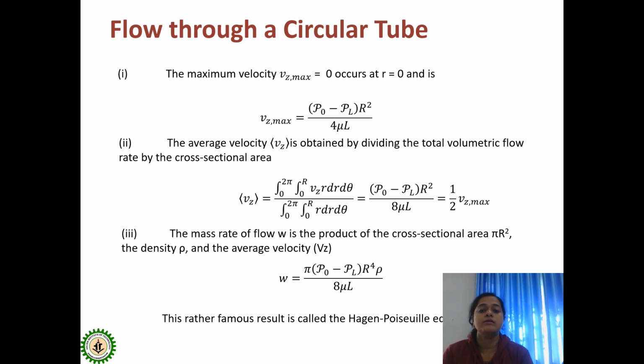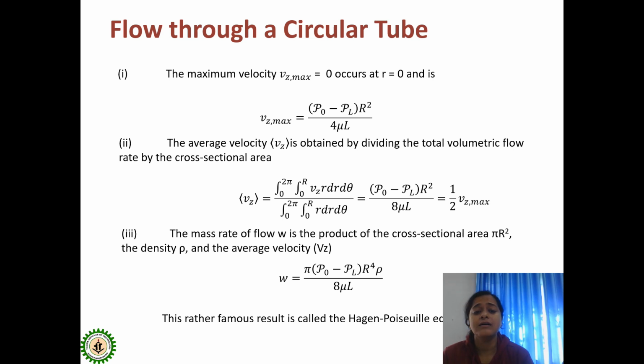Putting in the value of Vz, we get the average velocity (small p0 minus small pL) R square divided by 8 mu L, which, compared to the maximum velocity, is half of the maximum velocity.